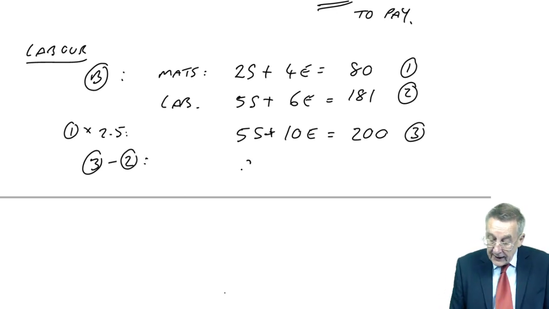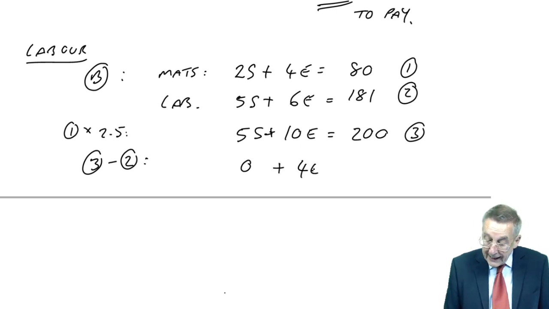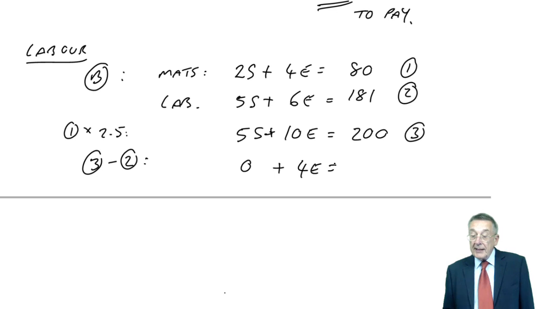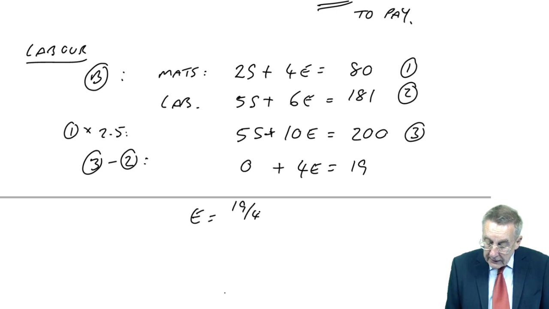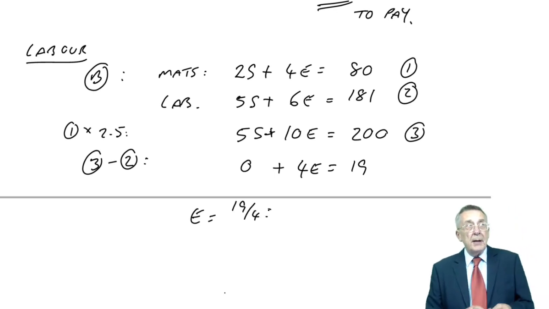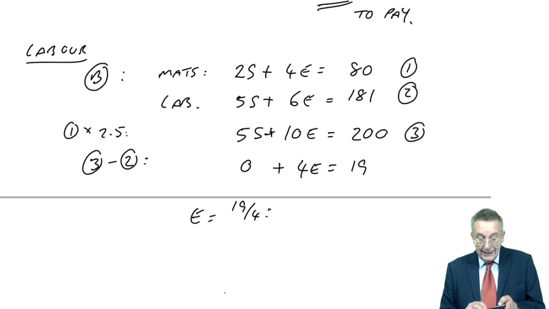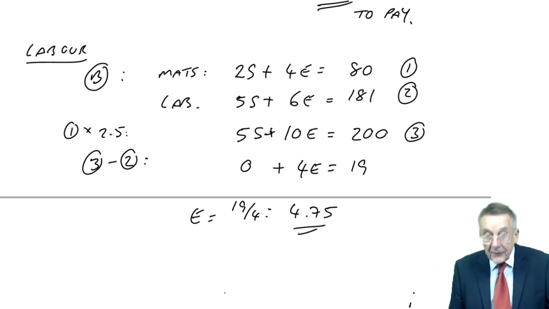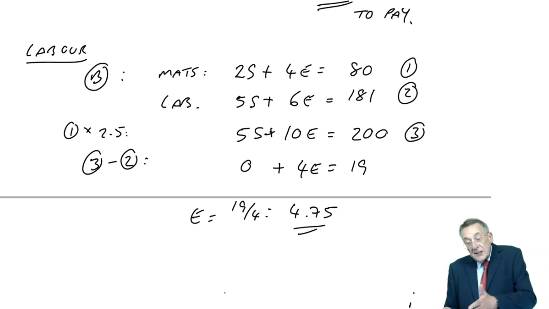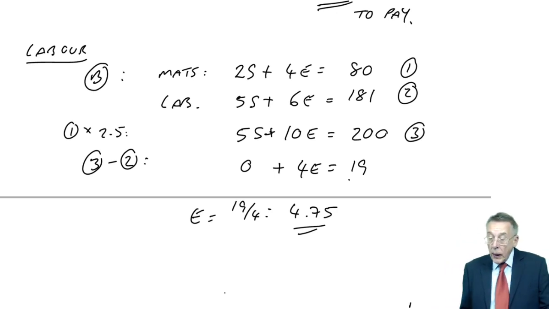So 5s minus 5s is 0. 10e minus 6e is 4e. 200 minus 181 is 19. E, therefore, 19 divided by 4, which I should be able to do in my head, but I won't risk it, is 4.75. It was 5 units, remember. It's now 4.75, it's changed slightly.